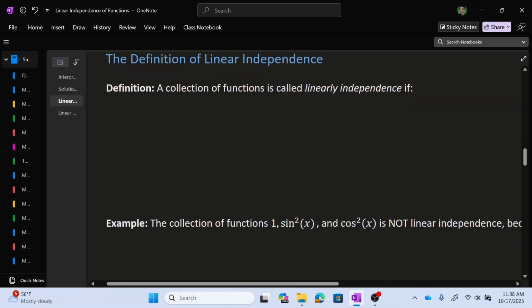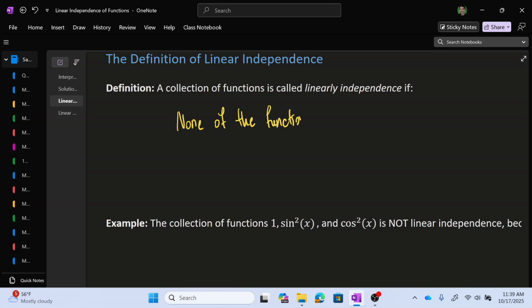Now, having established that, I can give the most important definition for today, which is called linear independence. A collection of functions is called linearly independent if none of the functions in the collection can be obtained by linearly combining the other functions in the collection.